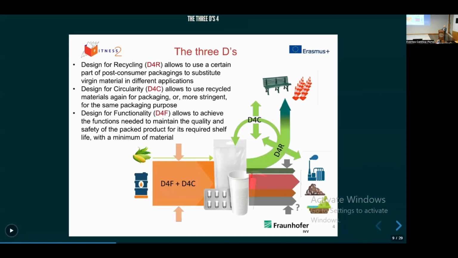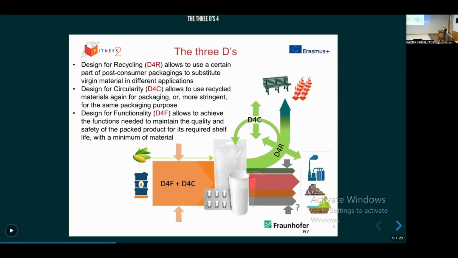And there's also design for functionality, which means: how do I create a package with the least amount of material and maximum functionality? Obviously this leads to a reduction in material usage. So if we would like to reduce the amount of fossil-sourced material, we also have to improve the functionality.